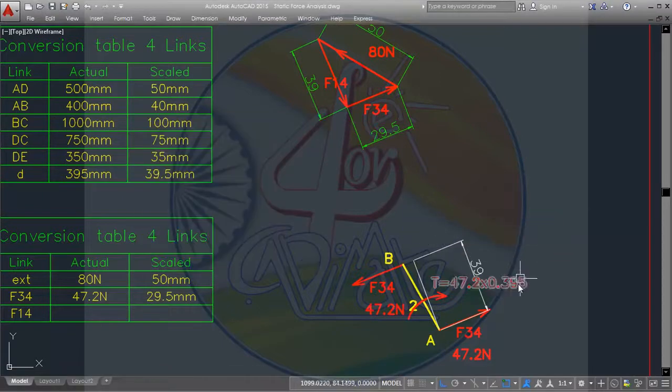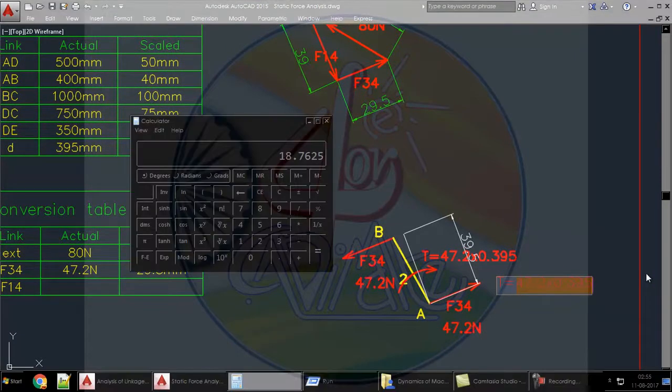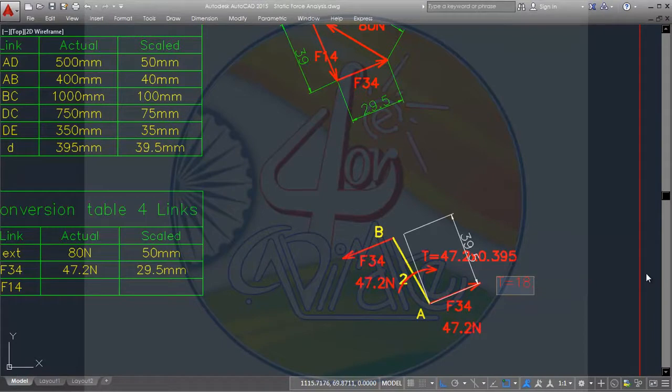Did we get the same? Last class, did we get the same using the analytical method? 18.7. Check it. Newton meters. Did we get the same?